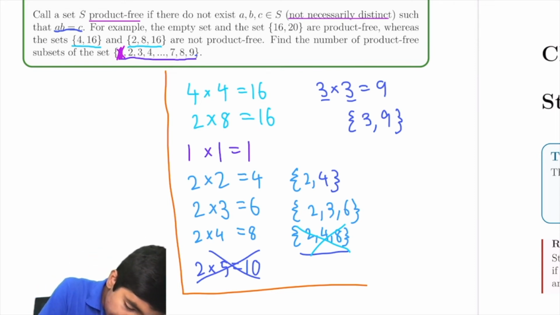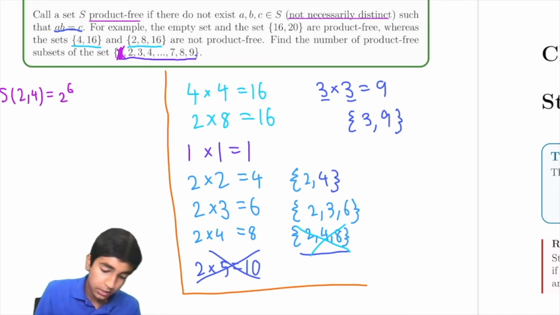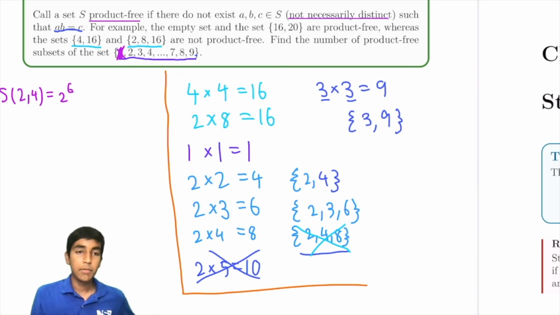So the number of subsets with 2 and 4 will just be 2 to the 6, because there are 6 elements left besides 2 and 4 that we can choose to have in our subset. And for each of them, 2 choices: in the subset or not in the subset, as we saw in our subset section earlier in the video series. Now, what about 2, 3, 6?